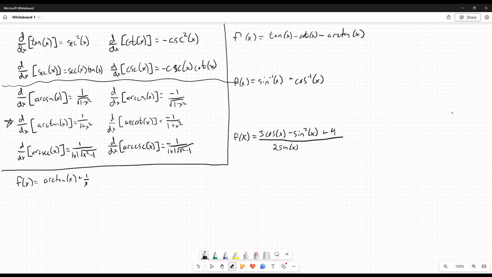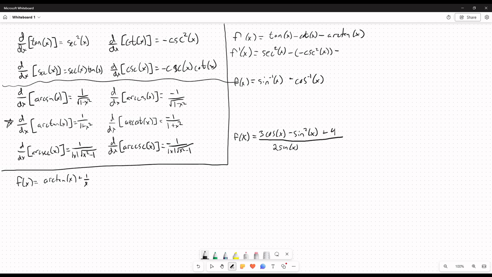First we have one which is just adding together a few and subtracting a few of these functions. So let's see what we have here. First we have the derivative of tangent. We see that as secant squared. Then we have minus the derivative of cotangent. The derivative of cotangent is negative cosecant squared.